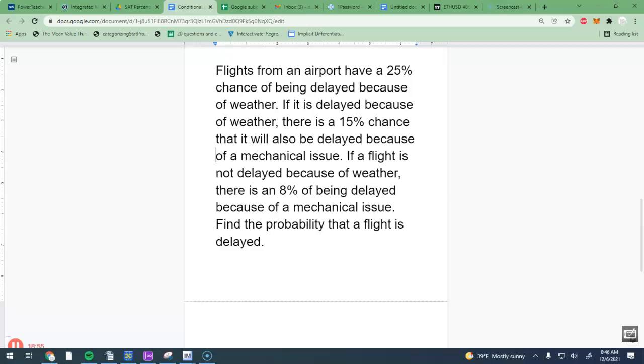So if a flight is delayed, it could be by one method, by the other method, or by both methods, really.